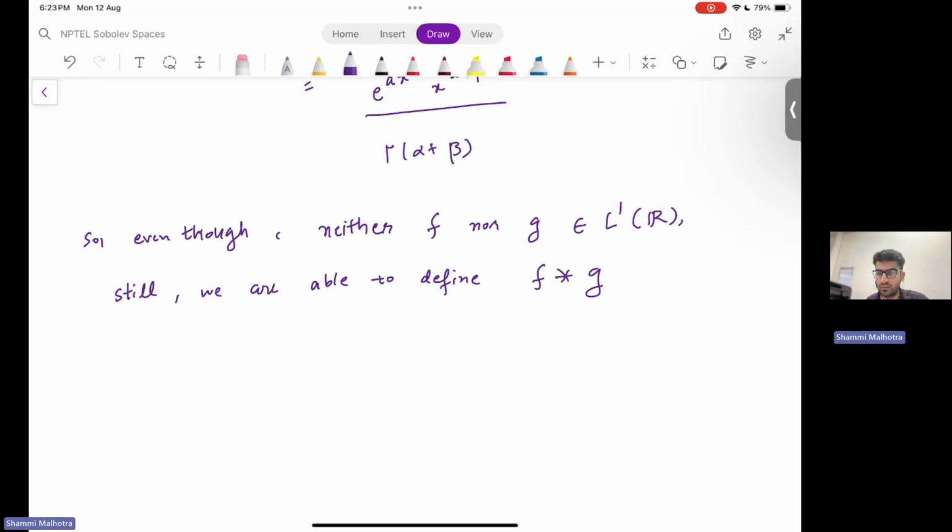So it's one of the examples where we have this phenomenon that even though they are not integrable, still the convolution can be defined.